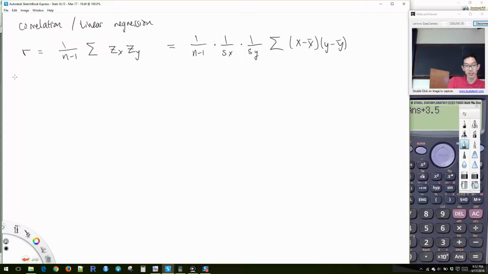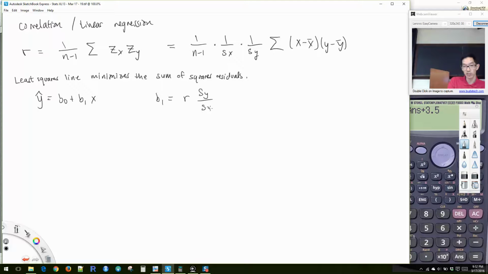The linear least squares line minimizes the sum of squares residuals. It is given by y hat equal to b0 plus b1 x. b1 is equal to r times the standard deviation of y divided by the standard deviation of x. b0 is given by y bar minus b1 x bar.